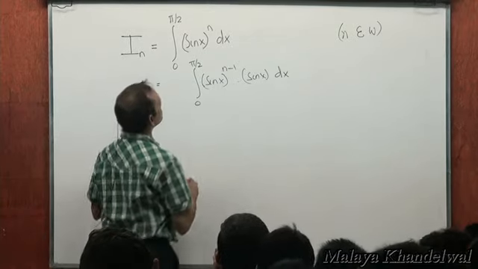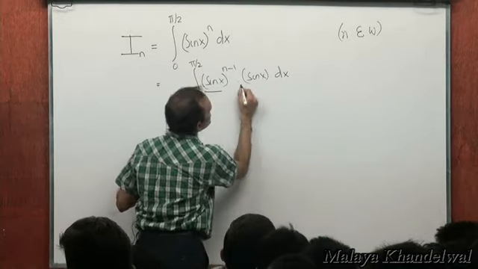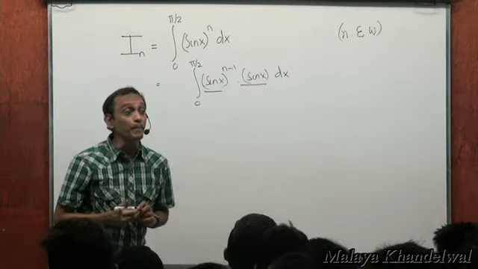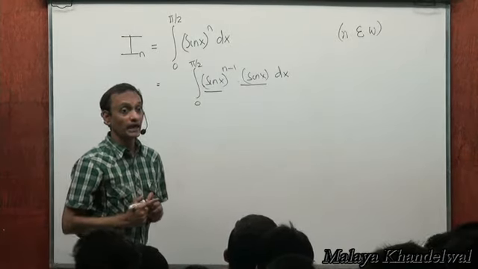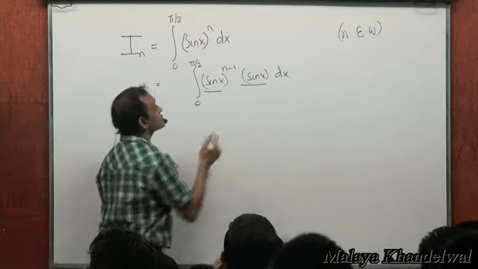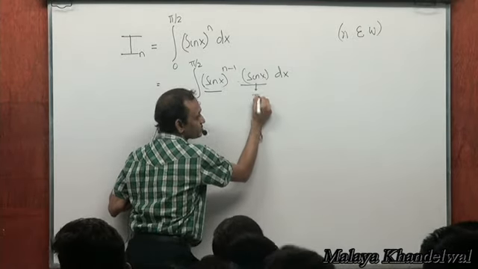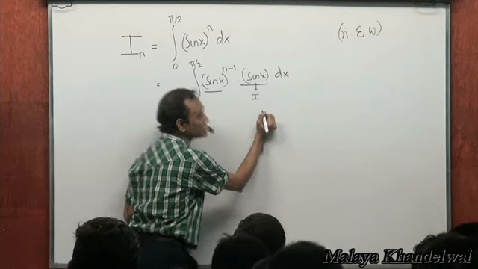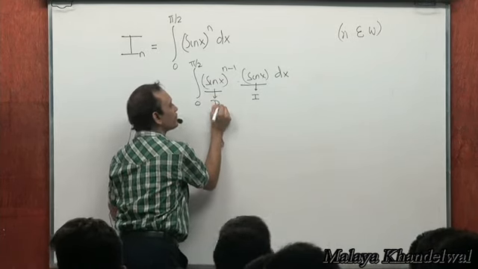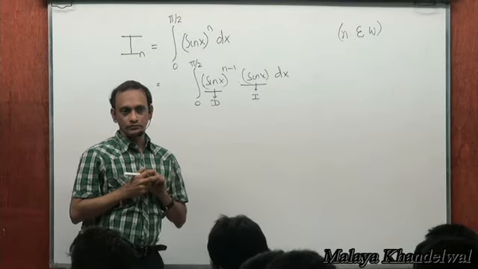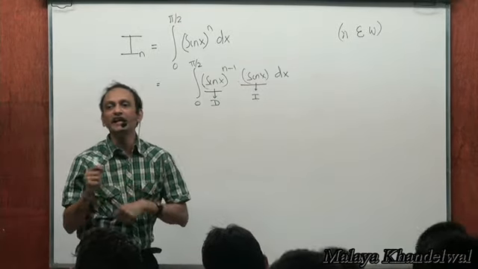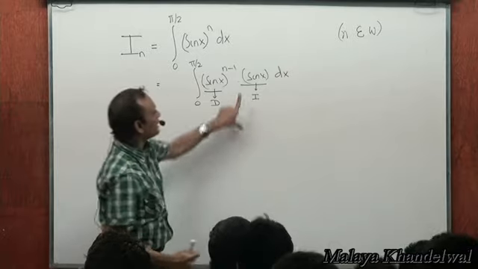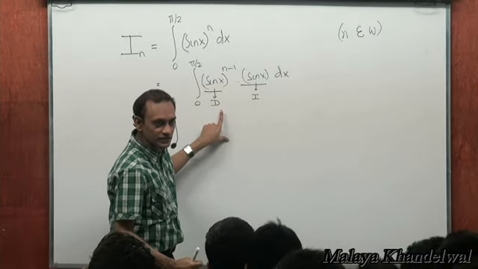Then what I do is, this I integrate by parts. In my attempt to integrate this by parts, I integrate this because this is readily integrable. Integration of this will give me minus cos x, and this is easy to differentiate, right? So I integrated by parts by integrating this and differentiating this.